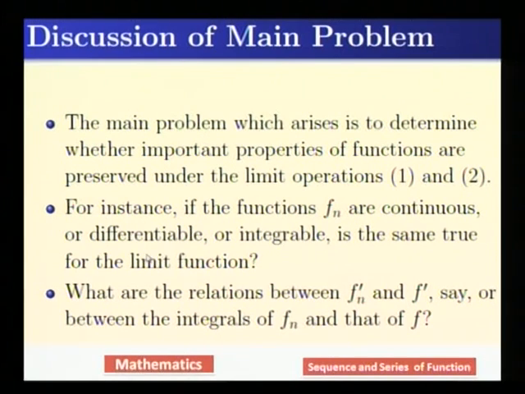So that is the first problem. For instance, if the functions f_n are continuous or differentiable or integrable, is the same true for the limit function? That means if we know that each f_n is continuous, for example, can we say that the limit function f is continuous, or if each f_n is integrable or differentiable, can we say the same is true for the function f?